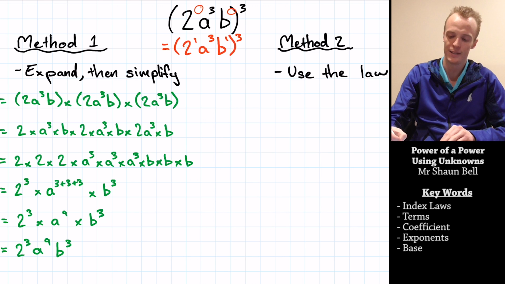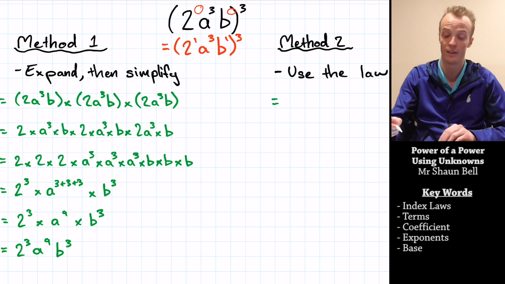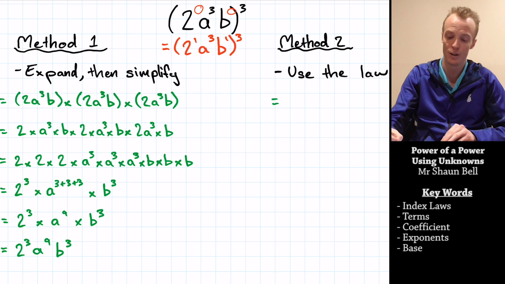Now our law says if we're raising a power to the power, we keep the base but multiply the exponents. So the first term is going to be 2 to the power of 1 times 3. That's going to be multiplied by a to the power of 3 times 3. And that is going to be multiplied by b to the power of 1 times 3.